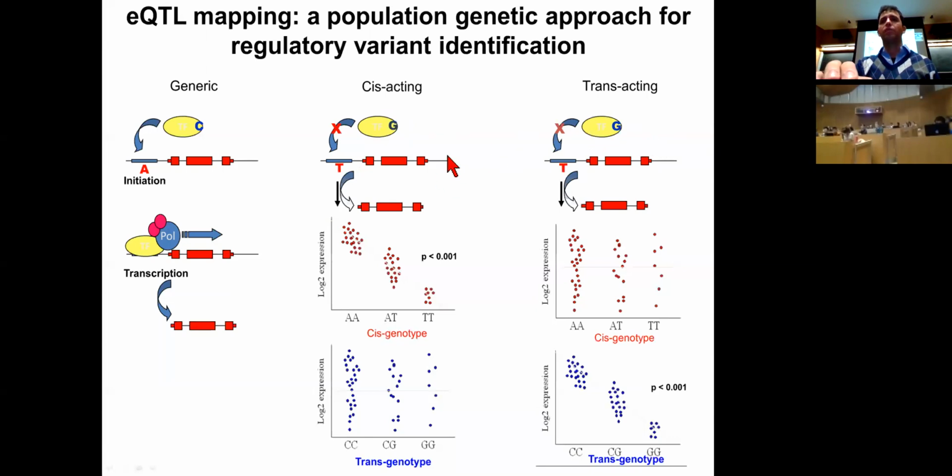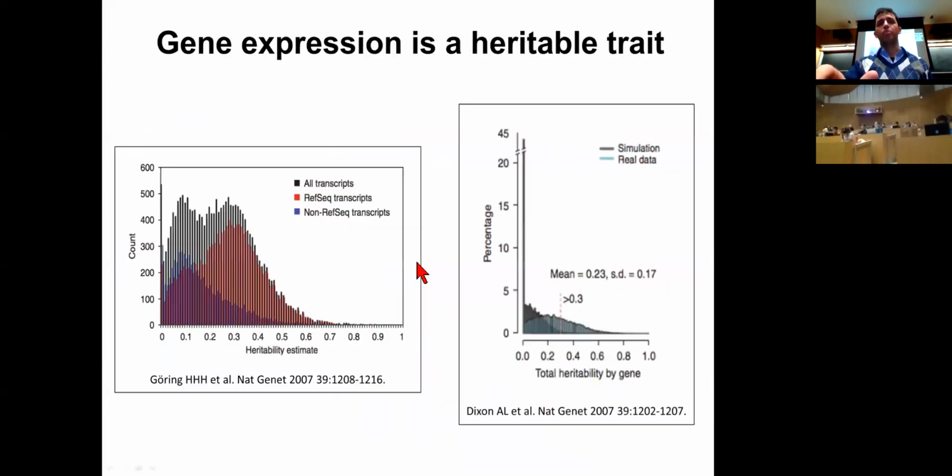So there are two things that can vary. One, the TF might actually recognize a different sequence. Two, the sequence that the TF recognized might simply not be there anymore. And you can study both the trans genotype of distant loci and the cis genotype of cis loci to try to decouple the two.